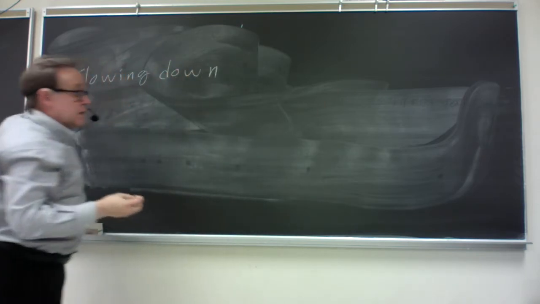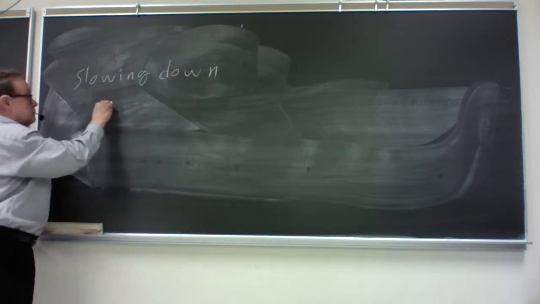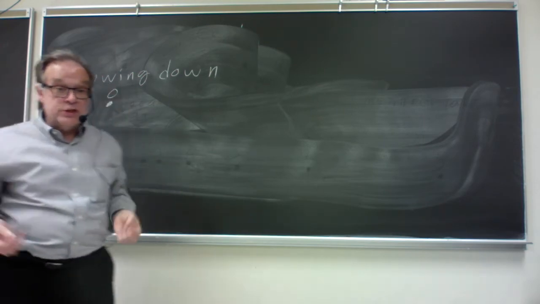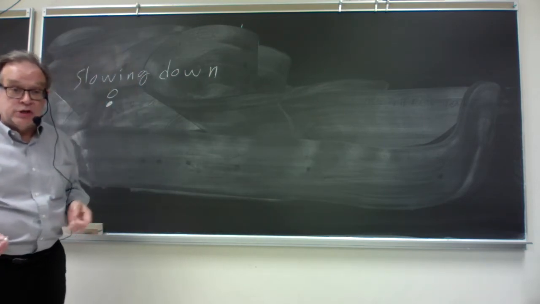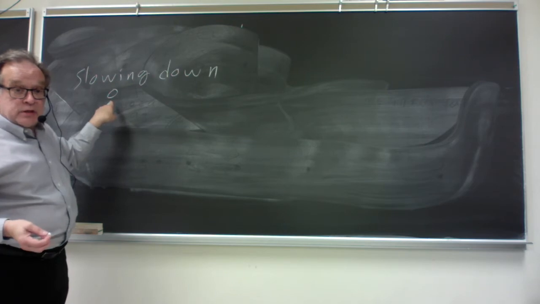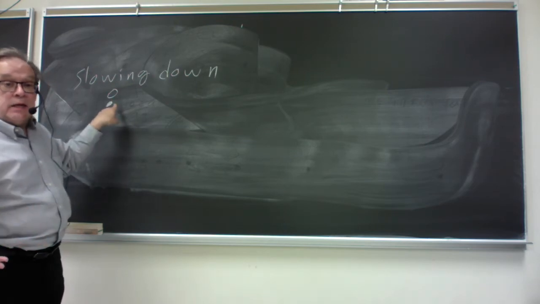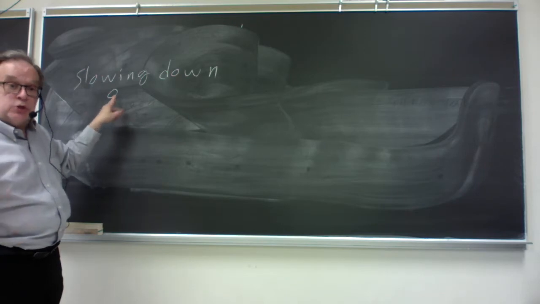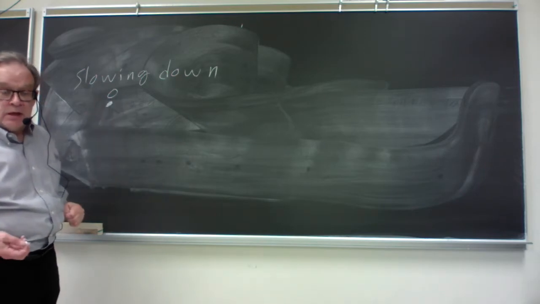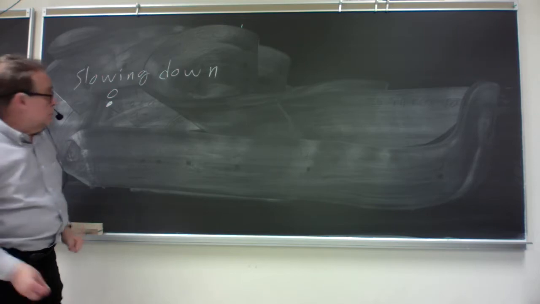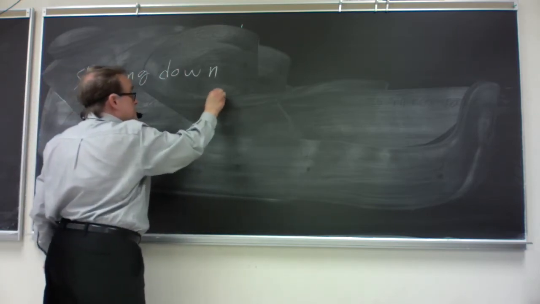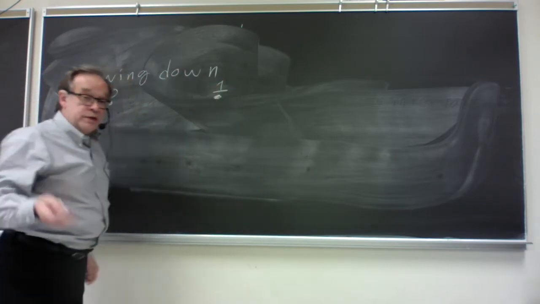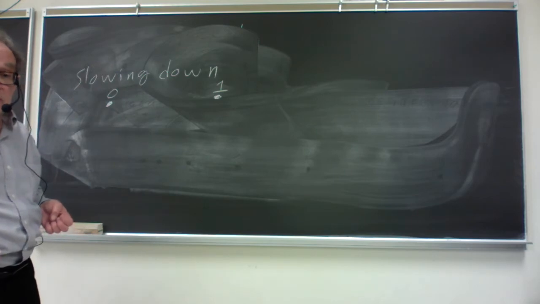Slowing down. Here's where the object is right when you start watching, right when you turn on the stopwatch. There's where the object is before any time intervals have elapsed, or that's where it is when 0 time intervals have elapsed. And then by the end of the first time interval, it's gone quite a distance. It's initially moving pretty fast.